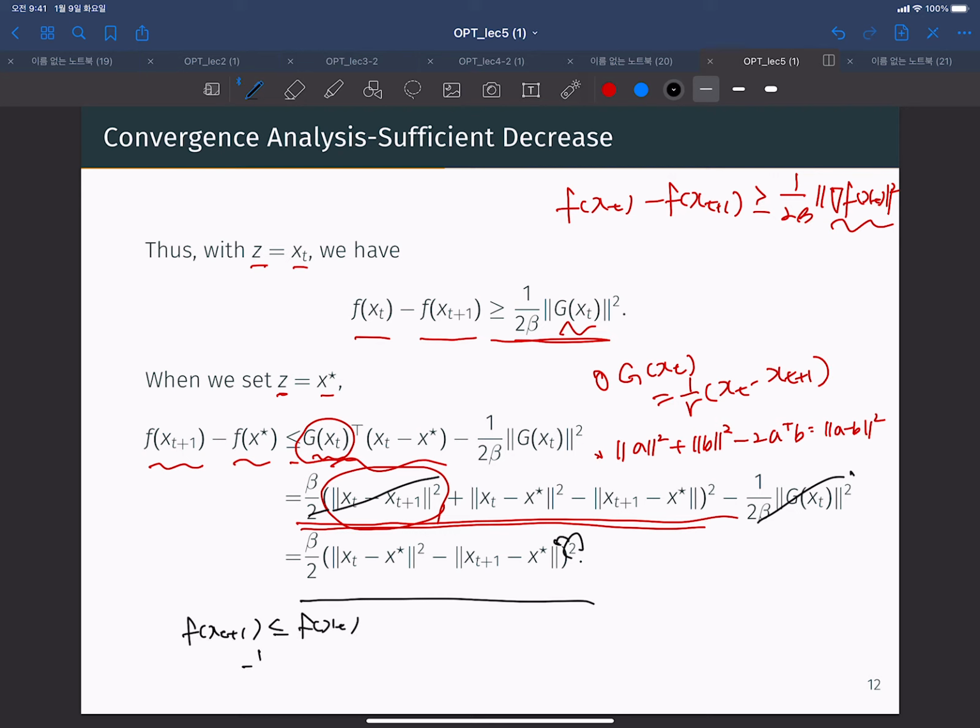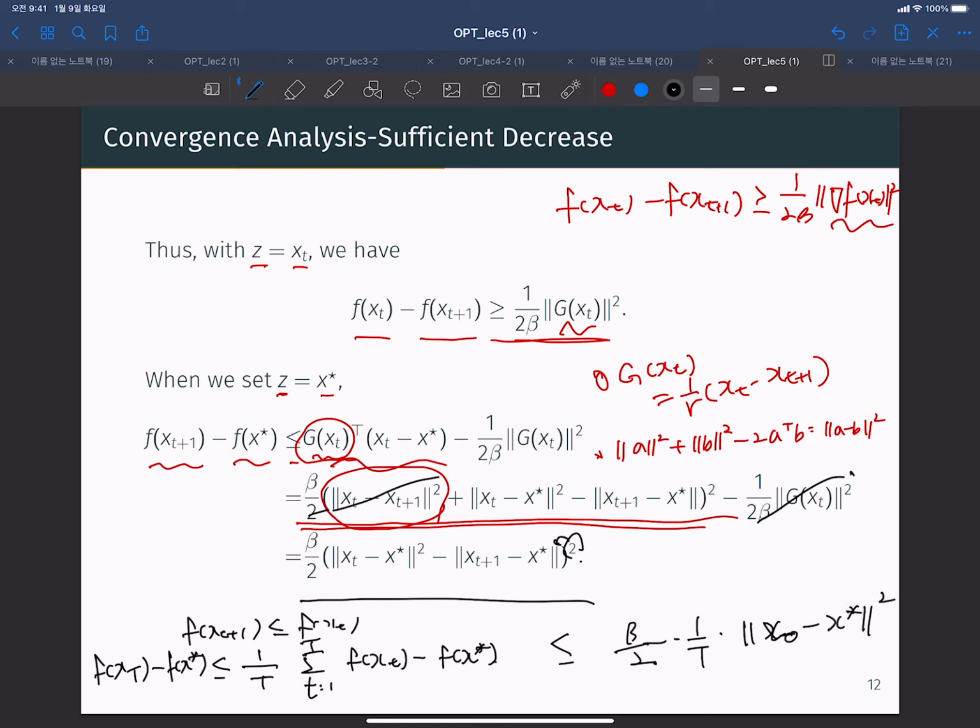So which means 1 over capital T times the summation of f(x_t) minus f(x star), from t equal to 1 to capital T, is greater than or equal to f(x_T) minus f(x star), and this is less than or equal to beta over 2 times 1 over T times the norm squared of x_0 minus x star.